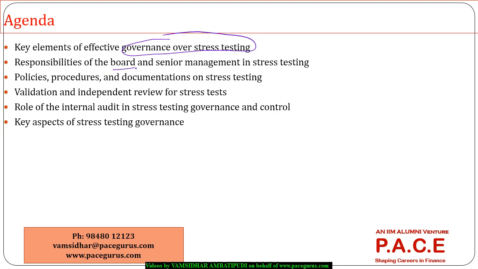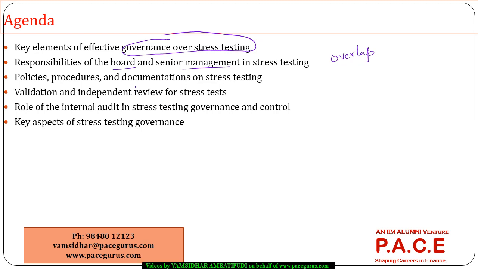Coming to the responsibilities of the board of directors as well as the senior management, what is the level of overlap, right, in their activities? What should be the responsibilities of the board? What should be the responsibilities of the senior management if at all the stress testing activity needs to be successful?